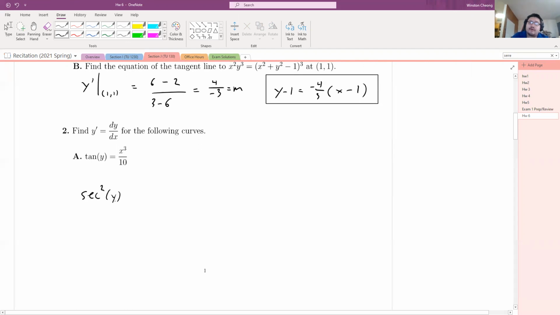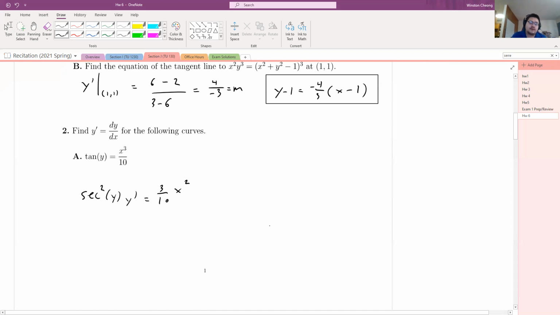So you would write this down, and then you remember, if we're taking the derivative with respect to x, this y is something else, and so we have a y prime at the end. And so that ends up being the implicit derivative of the left-hand side. The right-hand side, well, it's just power rule. We're going to have 3 that pops out, and then we decrease the power by 1, so we get that.